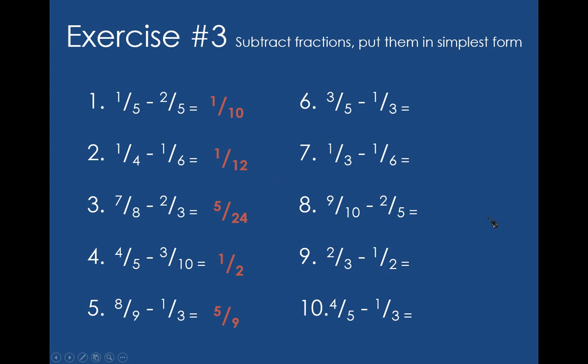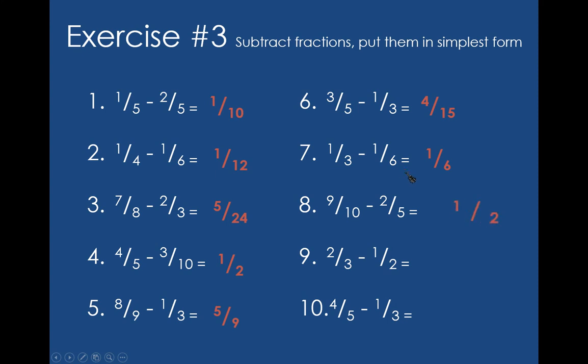Number 6, 3 over 5 minus 1/3. What could the answer be? The answer is 4 over 15. Then number 7, 1/3 minus 1/6. The answer is 1/6. Number 8, 9 over 10 minus 2/5. What's the answer?